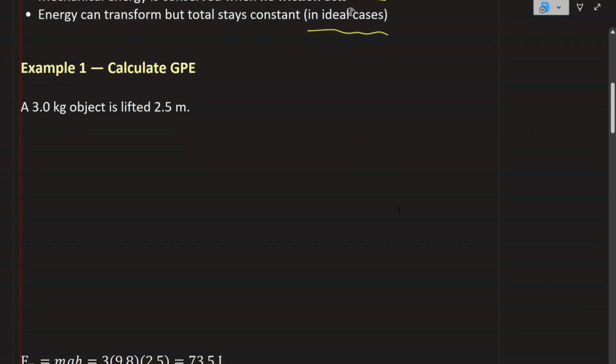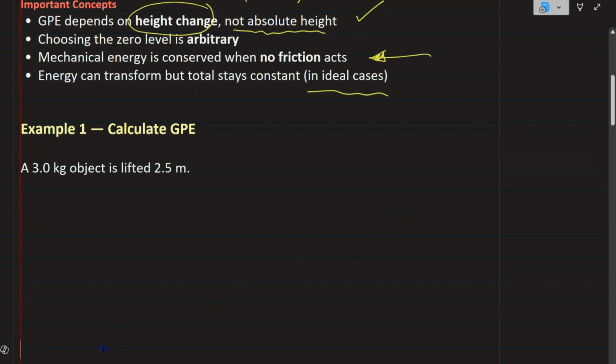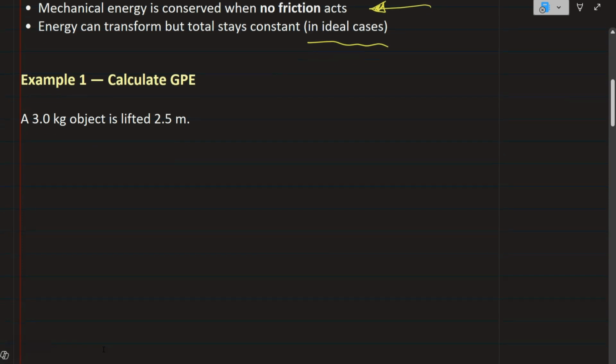Example one, we're going to calculate the gravitational potential energy for this situation where we have a 3 kg object lifted 2.5 meters. All right, so what do we have? The gravitational potential energy is equal to mgh.